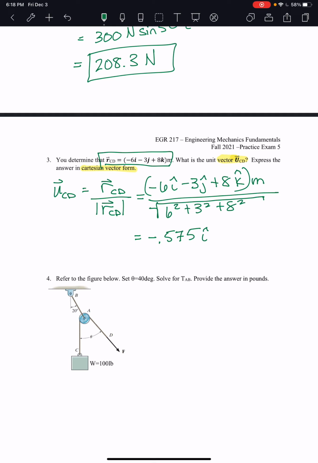Minus, and then 3 divided by that length. I just calculated it in my calculator, so I'm just pulling that every time. So 0.287j, and then plus 8 divided by that length, 0.766k. And that has no units.